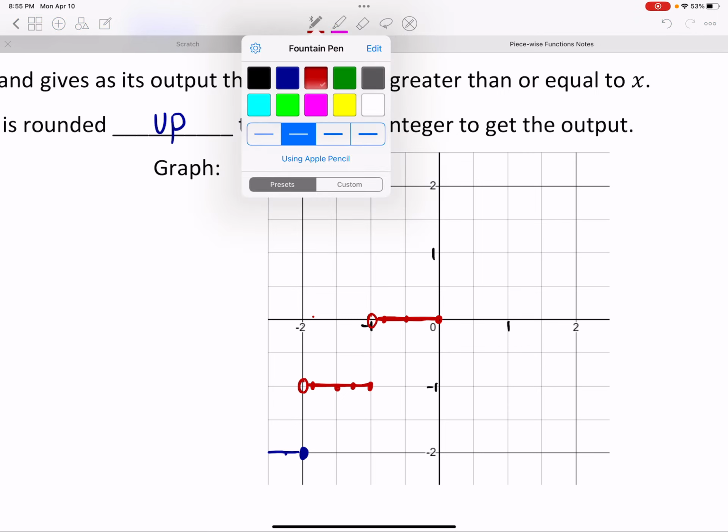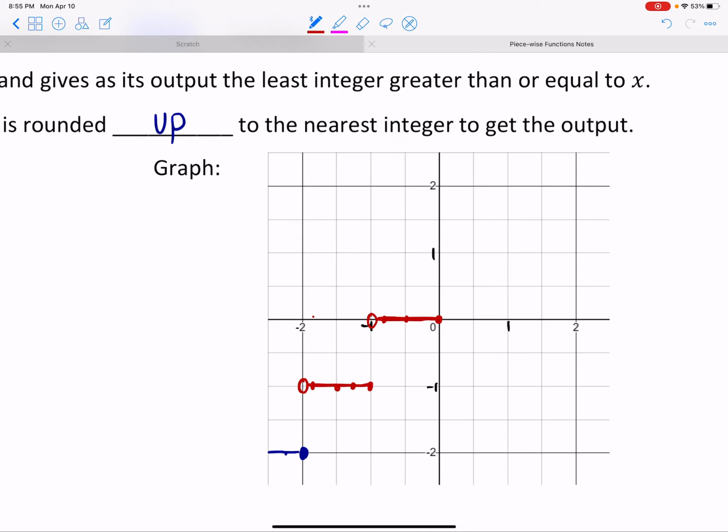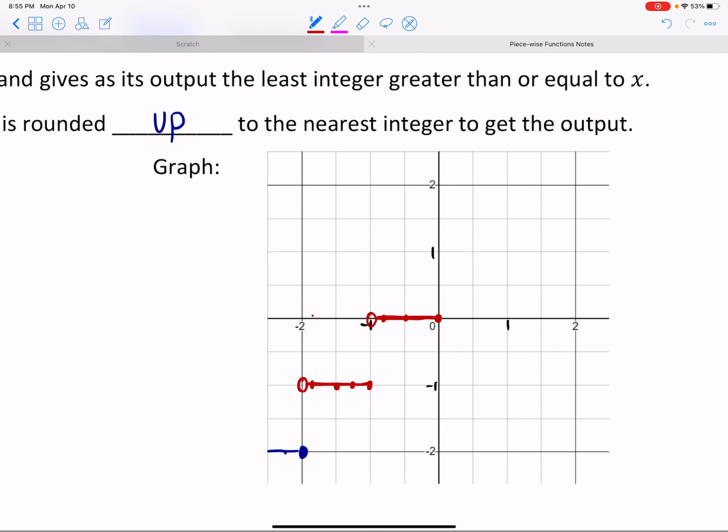My pen is frozen. Okay, there we go, I think it's back. So I don't have to round 1, right? My output for my input of 1 would be 1. If I rounded 0.75, it would go up to 1. If I rounded 0.5, it would go up to 1. 0.25 is going to round up to 1.